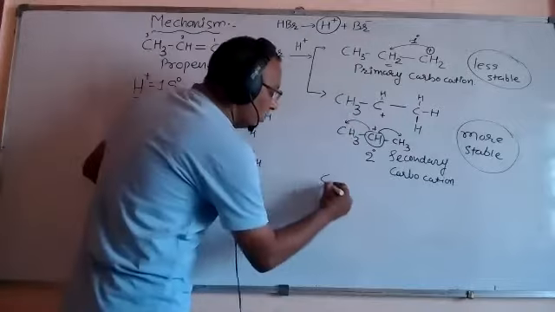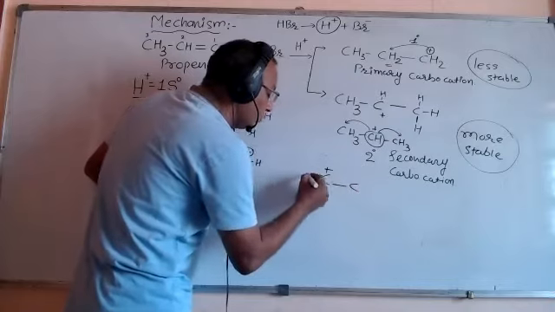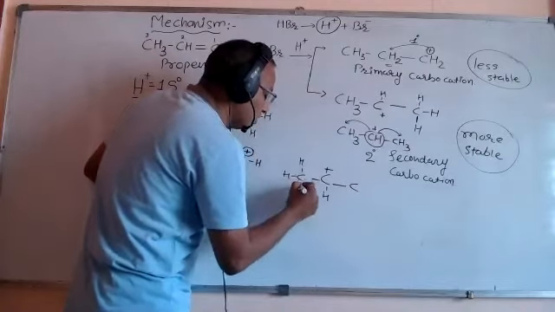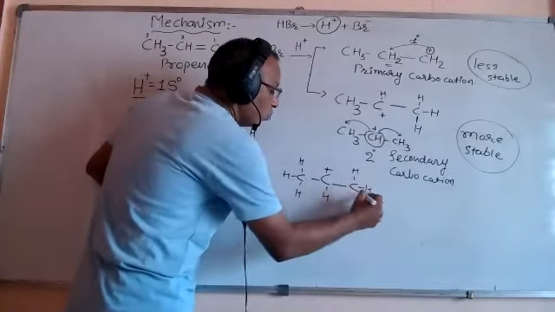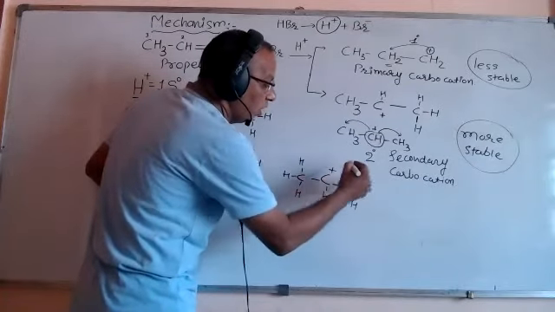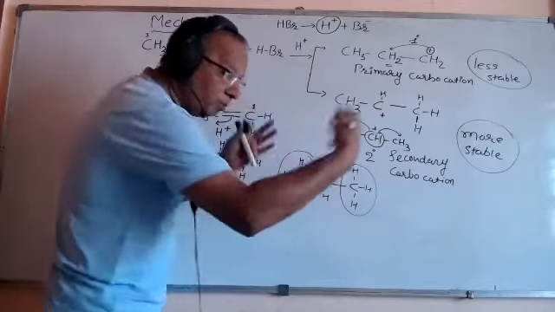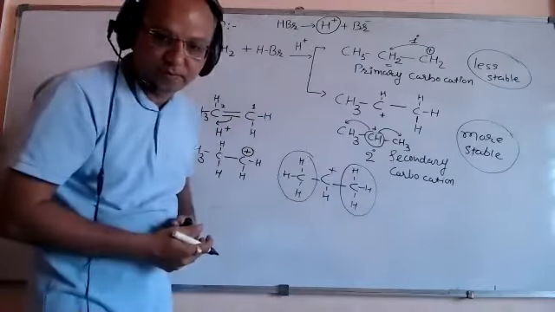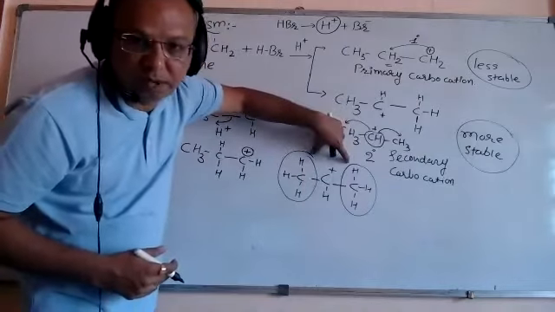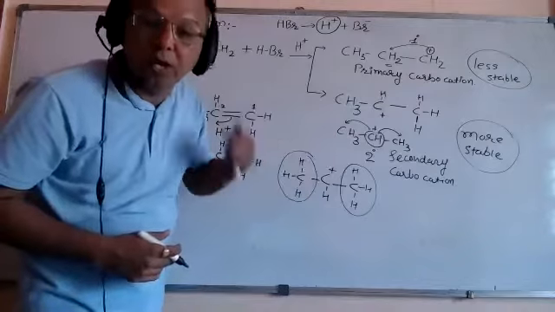You can see this is C, here is the positive charge, hydrogen, C, and these are hydrogens. So you can see, friends, this positive carbocation is covered by two CH3 groups on both sides, left and right, and that's why this is more stable, and that's why this is obtained in the major product.